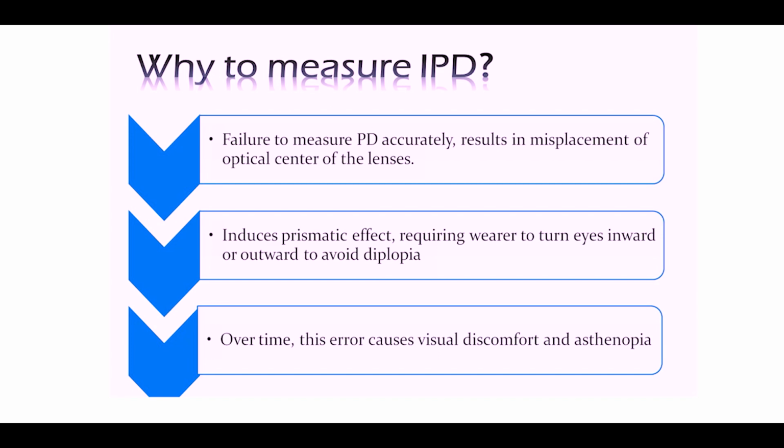What happens in the prismatic effect is the patient will not be able to look straight. Either they will look sideways, to the outer side, or the inward way to avoid diplopia, that is, double vision.